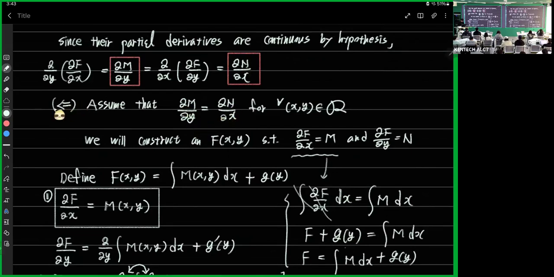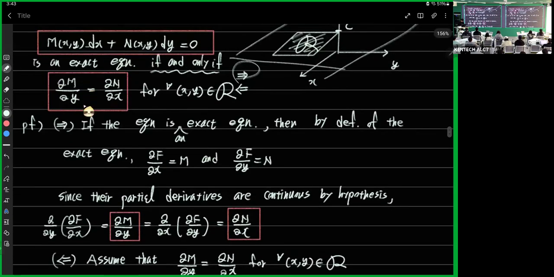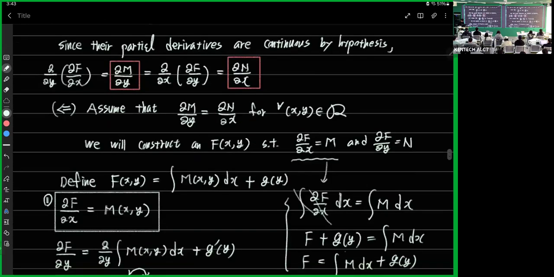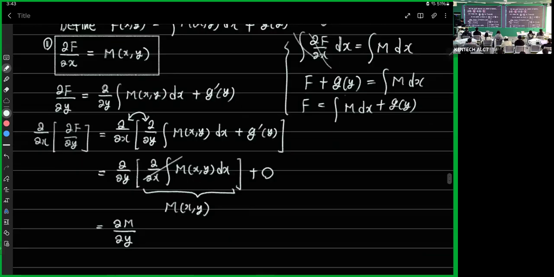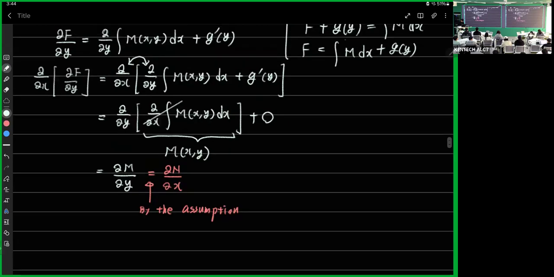So here, we assume that this is true. So we can use that assumption. So now, this is equal to partial N partial x by the assumption. So now what? We got this one. This one is equal to what? This.